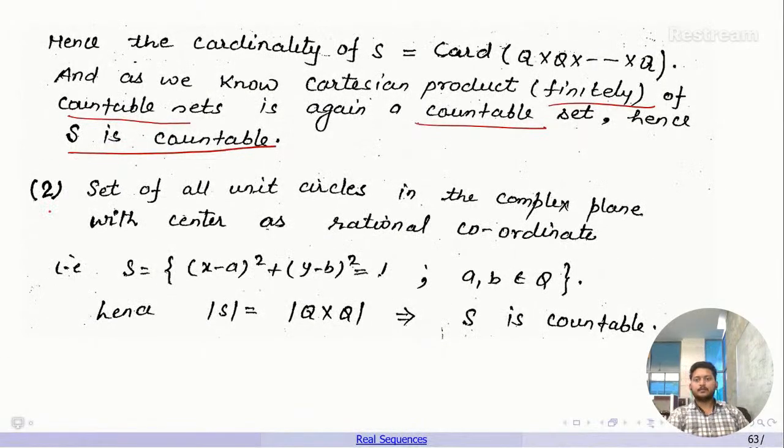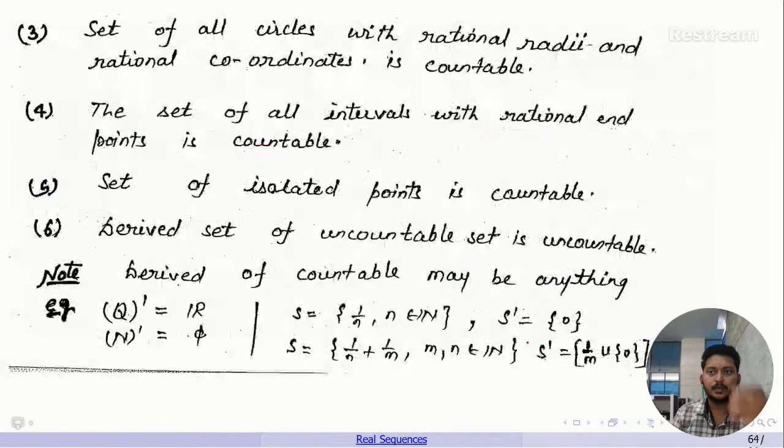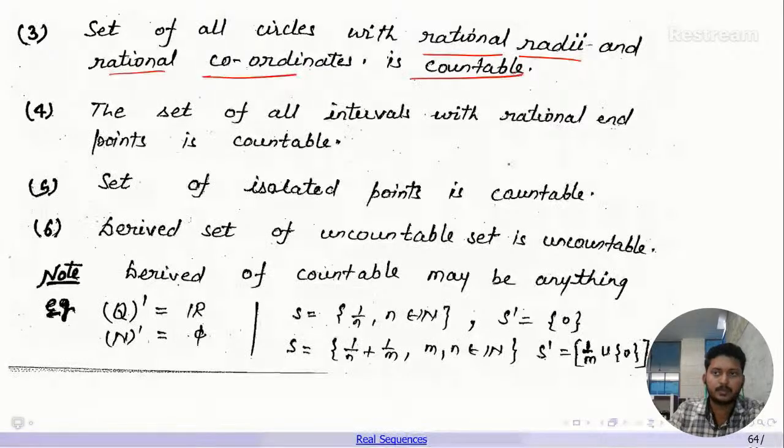Here, the set of all unit circles in the complex plane with rational centers is countable. Next, the set of all circles with rational radii and rational coordinates is also countable.